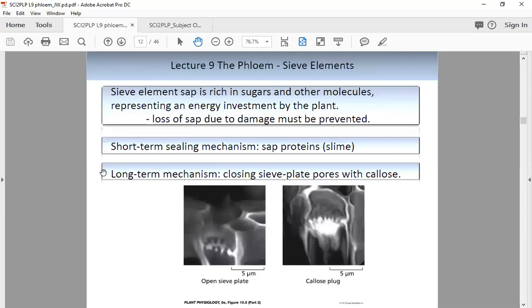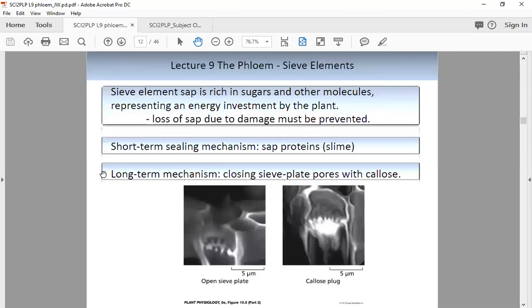Then we have a long-term mechanism which involves the synthesis of callose. Callose is a modified type of polysaccharide, and the callose is very quickly synthesized by the sieve elements themselves in response to damage and in response to other stresses also.